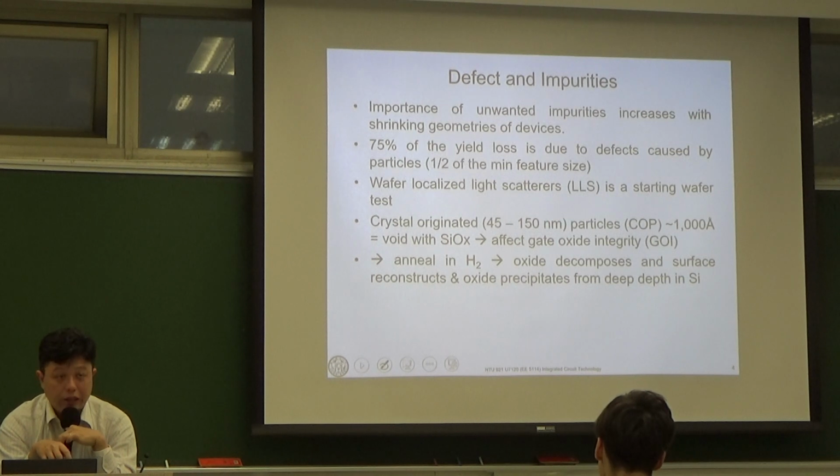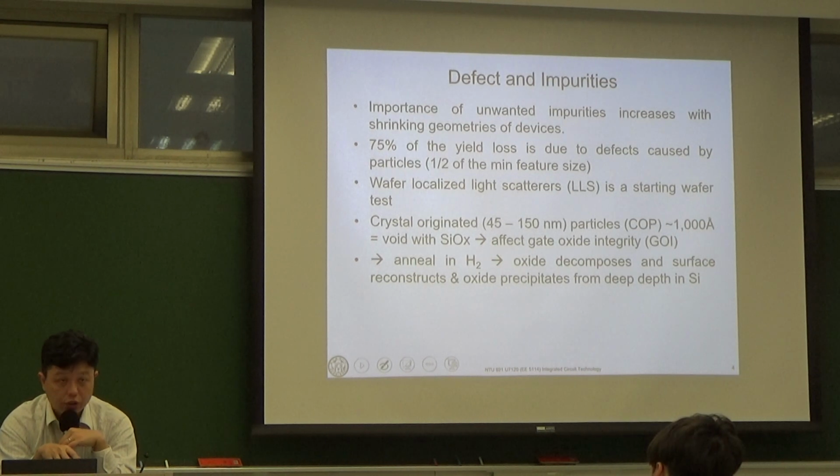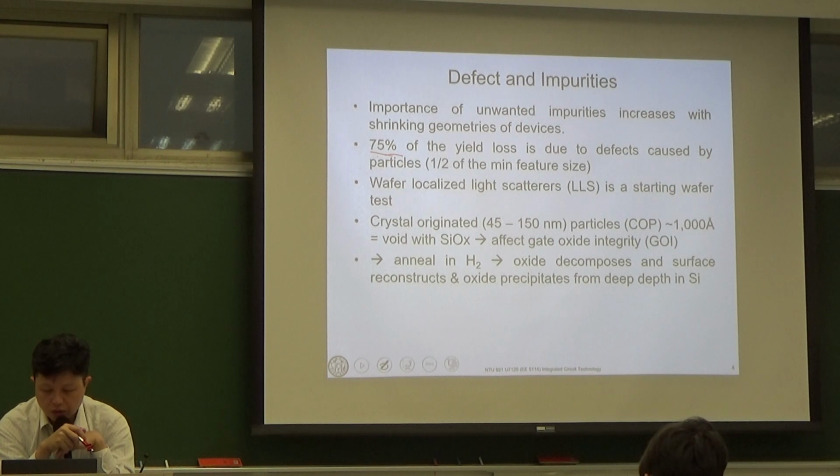Okay, so again, I try to emphasize that we try to control the impurities and defects, because that will cause the yield loss. Almost 75% to 95% yield loss is due to these particles.